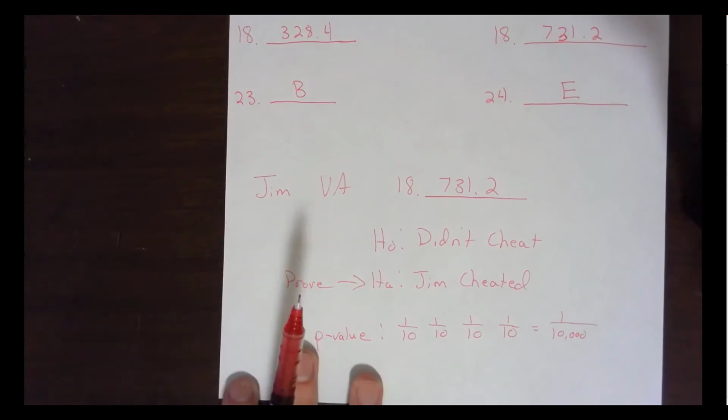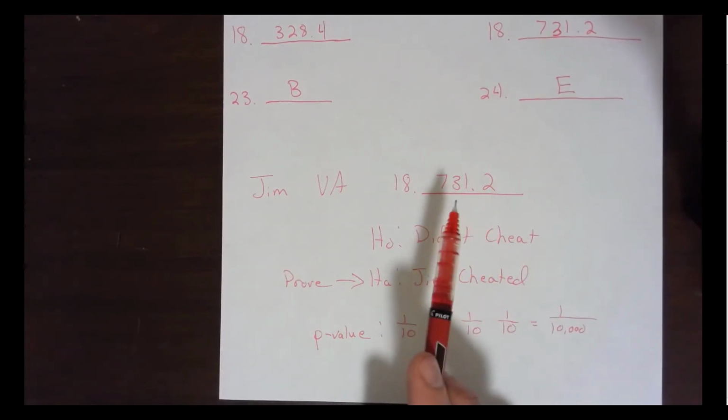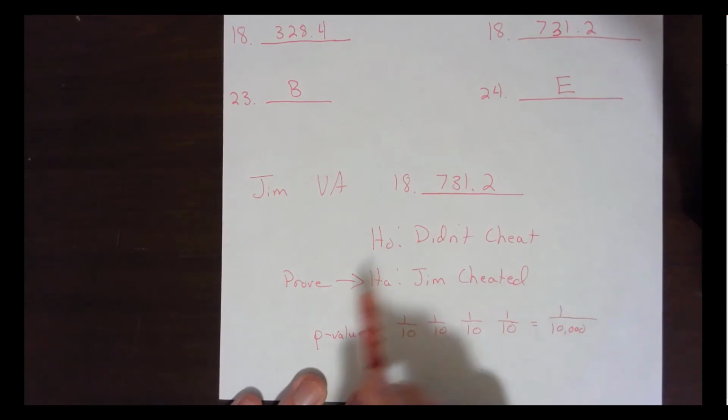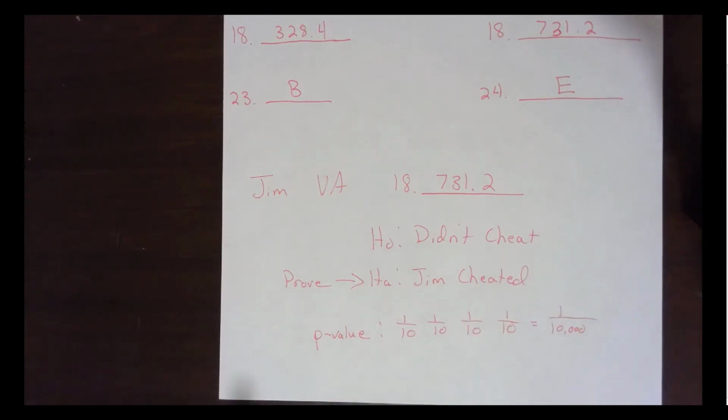The probability of him putting the right answer to the wrong version if he did cheat is a lot higher than 1 in 10,000. So the evidence strongly suggests that the alternative hypothesis is the more likely explanation for the evidence that we have.